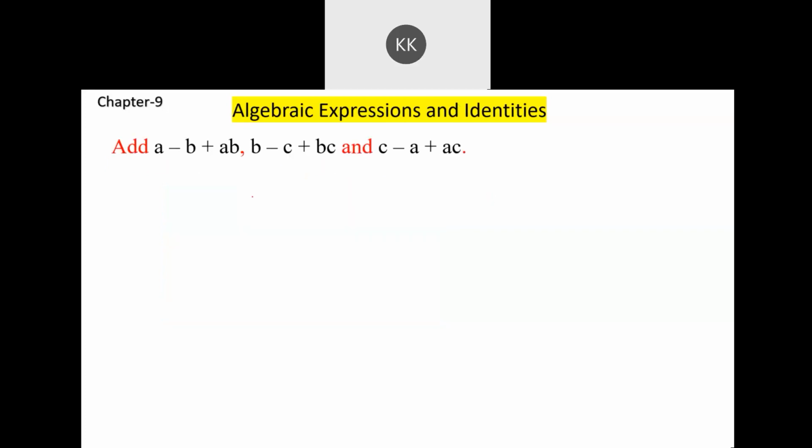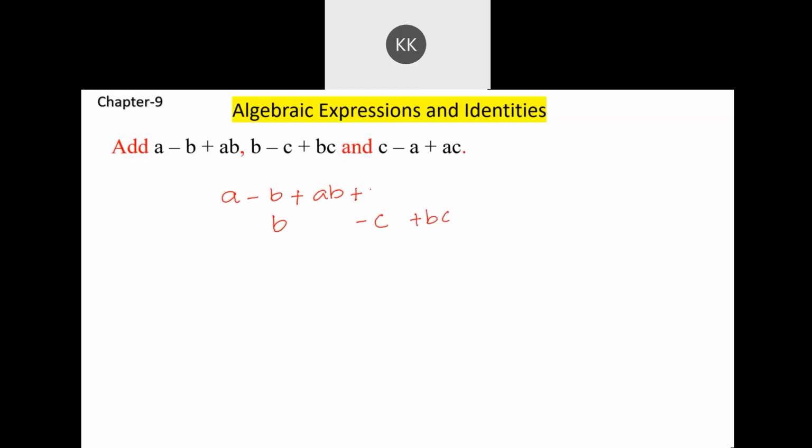Now, if this type of question is there, it will be a little confusing because the terms are interchanged. If I write a minus b plus ab as the first expression, now below a, I have to mention from here what should be written. There is no a term, zero. There is b term, so b term is there, and there is c term which is not there in the previous one, so minus c. There is no bc term also, plus bc.